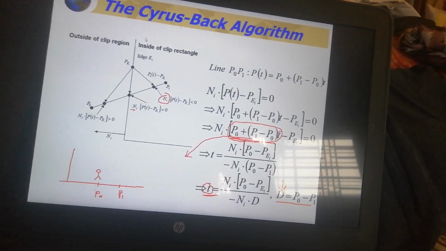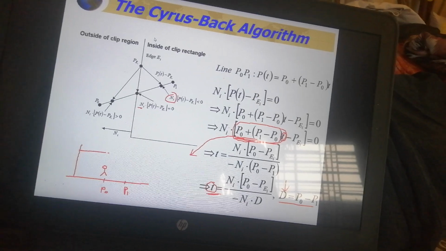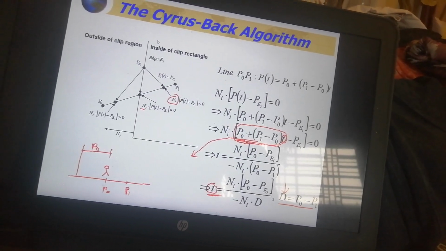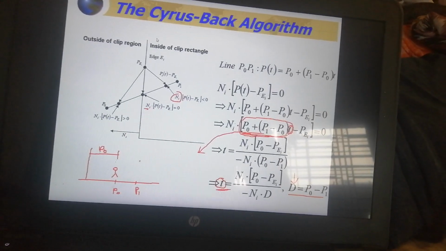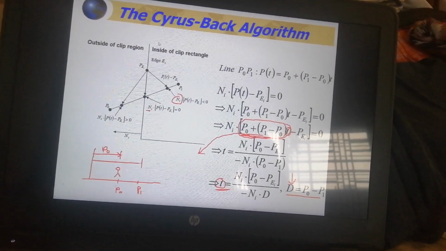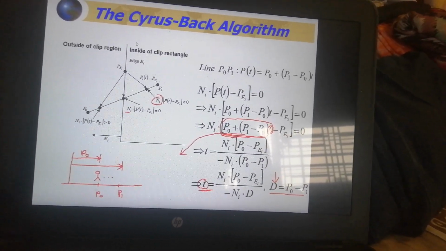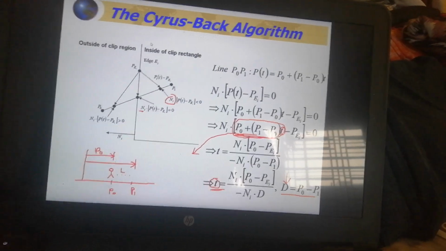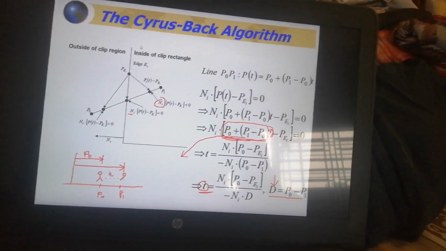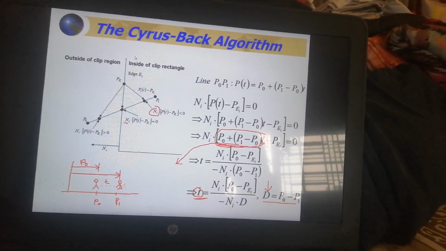At time T, P0 means from here it is P0, and this one is P1. After some time T, you're going to be over here. What's your position?